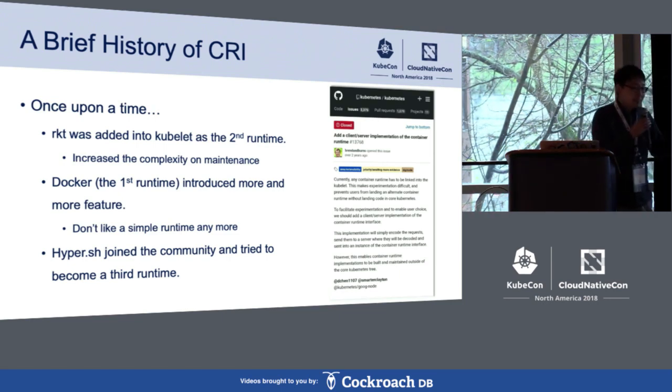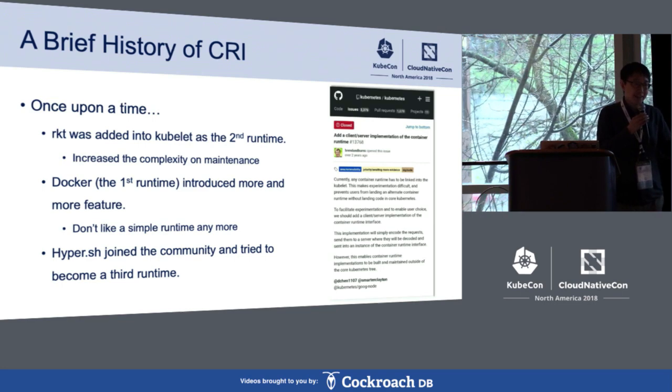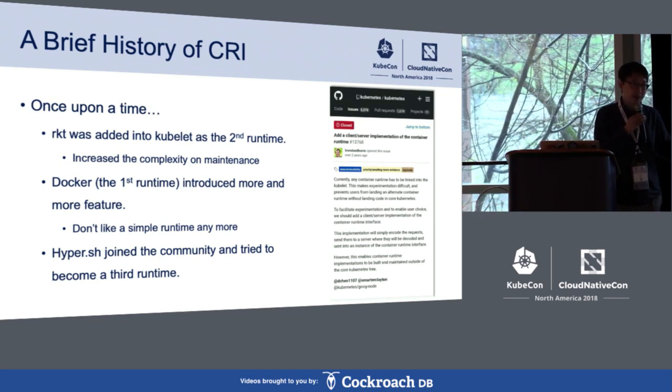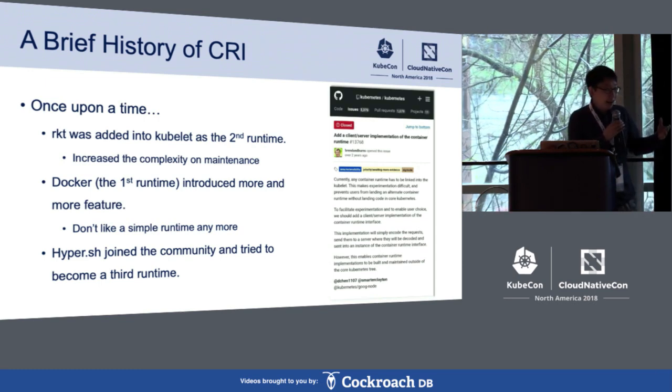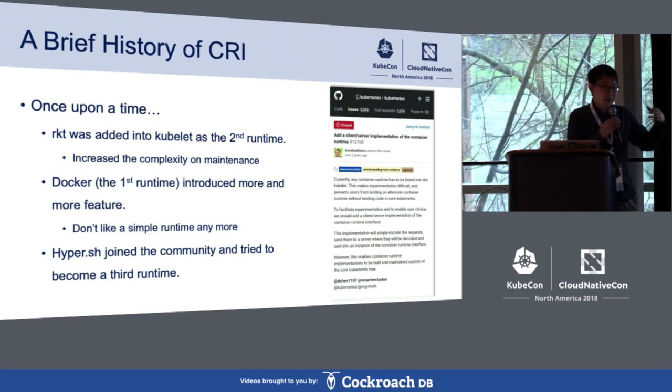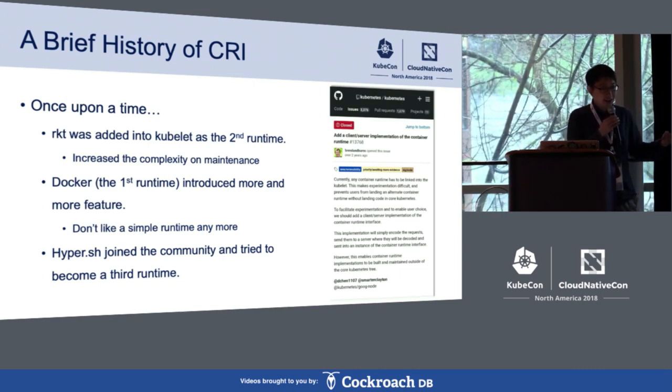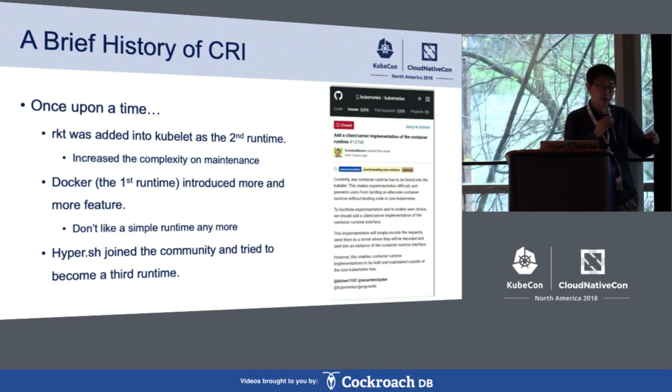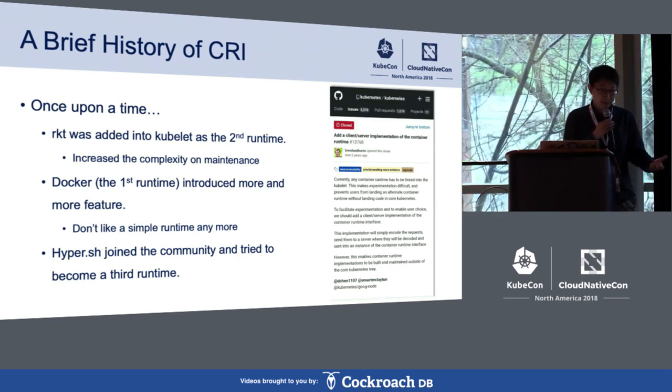But in this way, you literally have to maintain two different runtimes in Kubernetes itself. For example, I'm a member of SIG Node, so whenever we ship a new feature related to the container runtime, we have to think that this solution should work for both Docker and Rocket, right? We have to do that because the code is there.